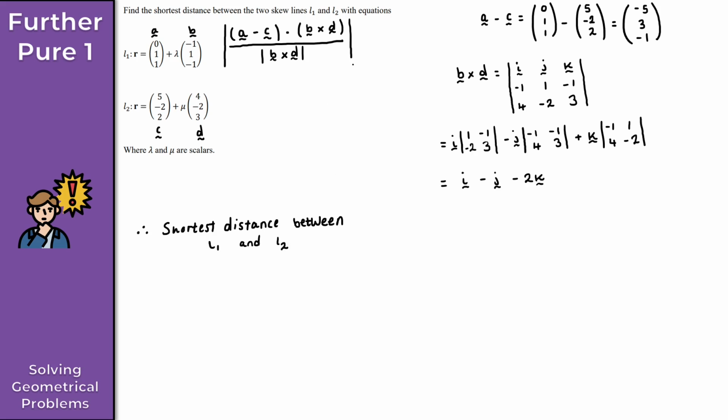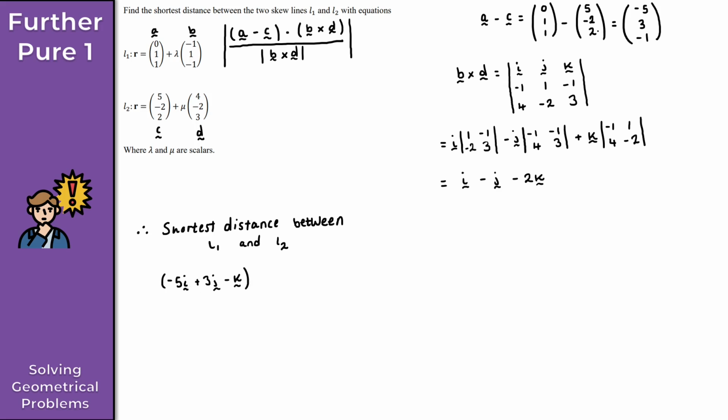So what we're going to do here then is use this result. So the vector A minus the vector C, we've already evaluated that, right? That's -5, 3, and -1. So I'll put the modulus bars in a little bit later on. But what we're going to get here is -5i plus 3j minus k here.